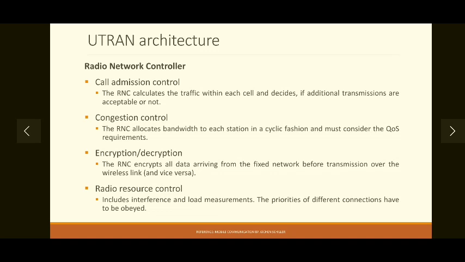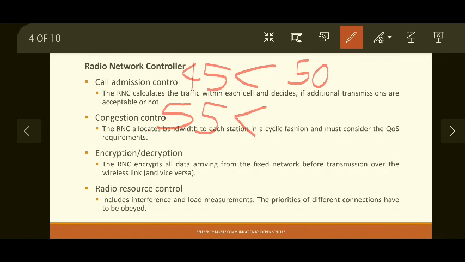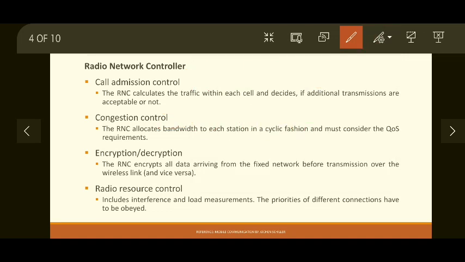For example, if for one cell there are 50 channels and 45 users simultaneously trying to communicate, then 45 is less than 50, so additional users who want to communicate can be allowed. But if there are 55 users trying to communicate, but the cell is supporting only 50 channels, then no additional transmission can be allowed. That is called call admission control.